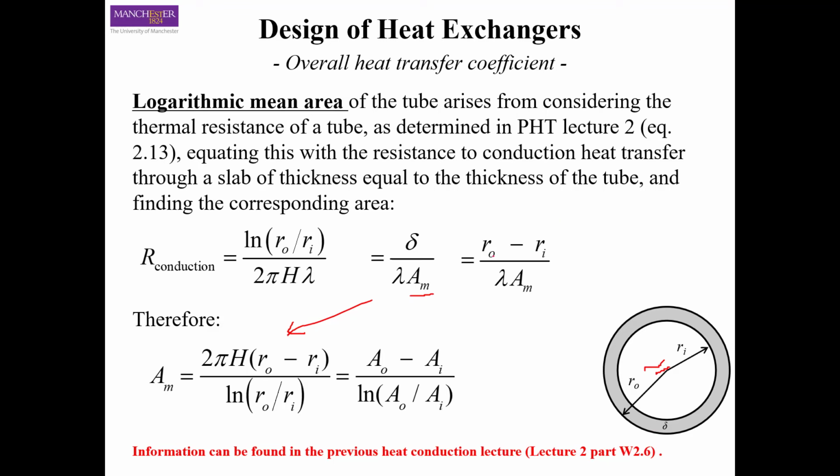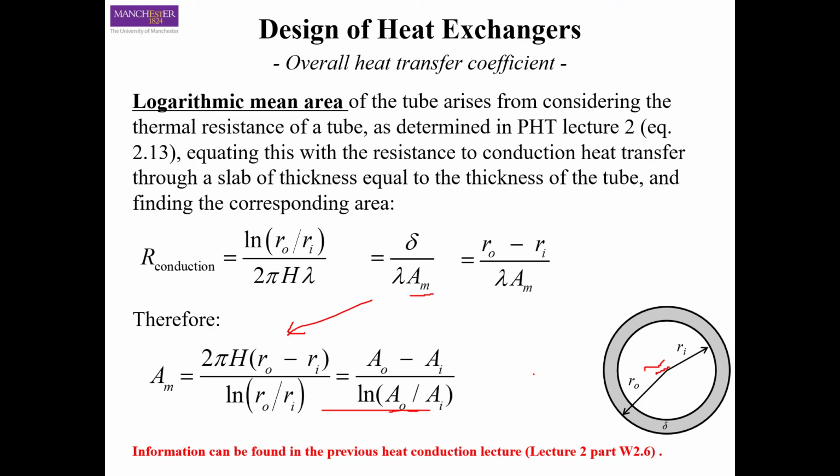It means that Ro minus Ri will be 0, and the conduction resistance is also negligible, so the value of R conduction will become 0. Same thing you can observe here as well. If the radii are equal, then the ratio of areas will become 1, and log 1 is 0. So again, the conduction term will be negligible.